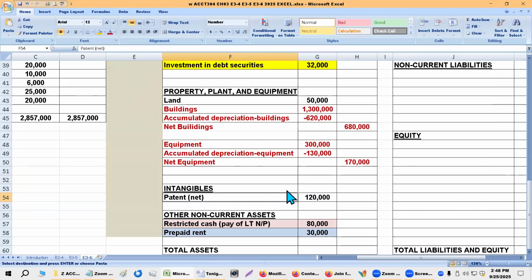Okay, I'm going to get totals for all these. So this will be our total property, plant, and equipment.